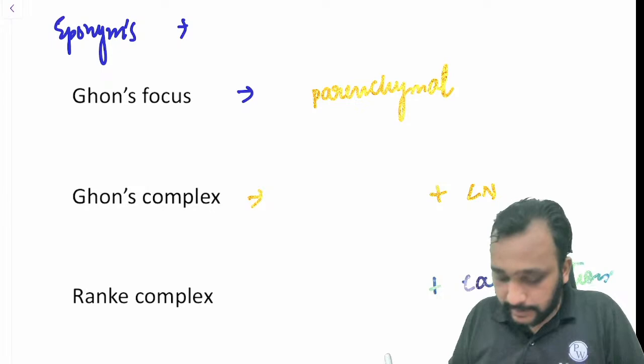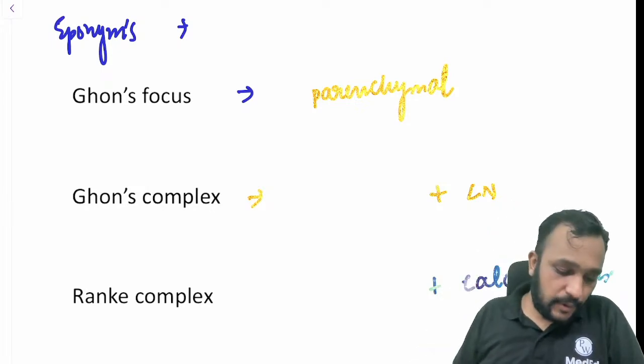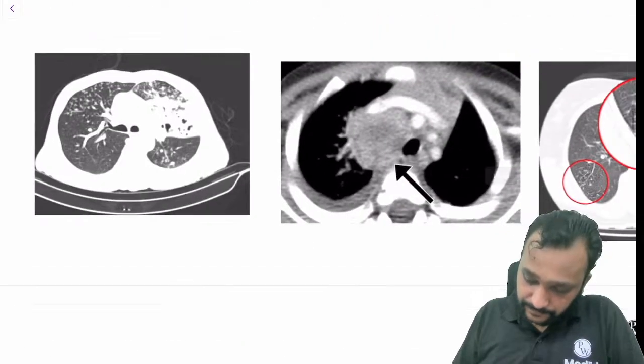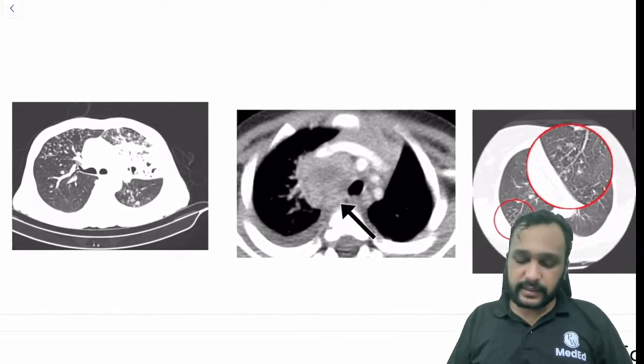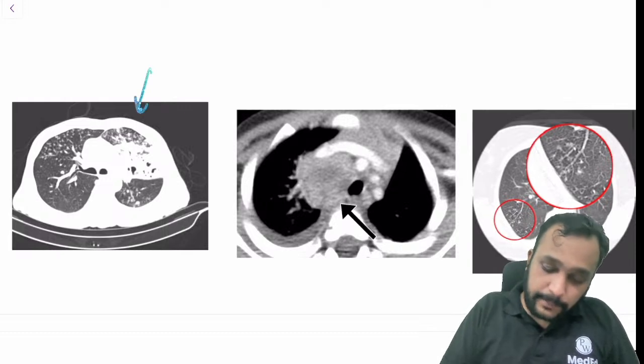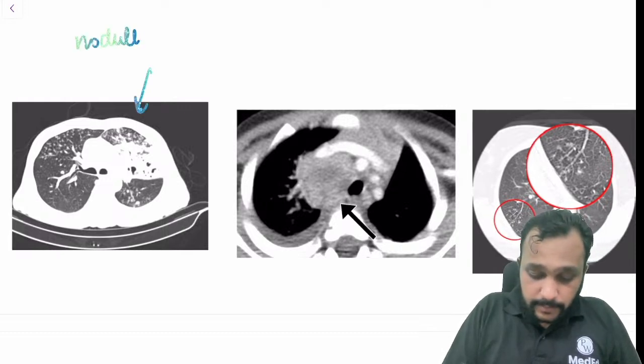And if there is calcification of this Ghon's complex, that will form a Ranke complex, right?